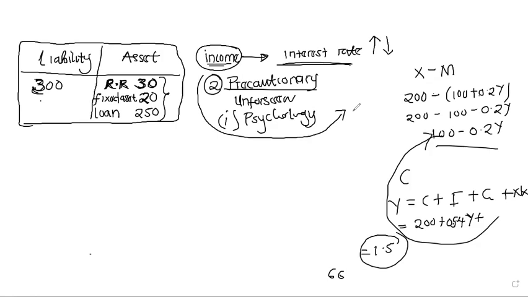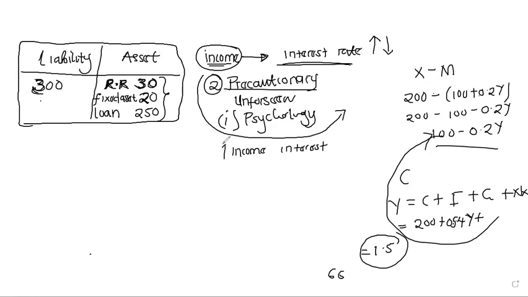All right. So the other one is the speculative motive. Speculative motive, people hold money for investment purposes, and that one is usually determined by two things, which are income and the level of interest rates.